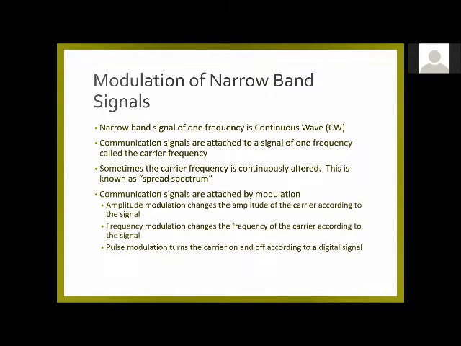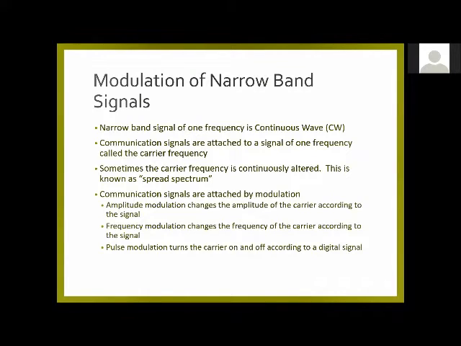So how do we modulate our narrowband signals? One way is continuous wave. Communication signals may be attached to a signal of one frequency called the carrier frequency. And of course, Hedy Lamarr's spread spectrum, which is great. Communication signals, AM. So you have the carrier wave, and you'll see higher and lower values of the carrier wave. Why?